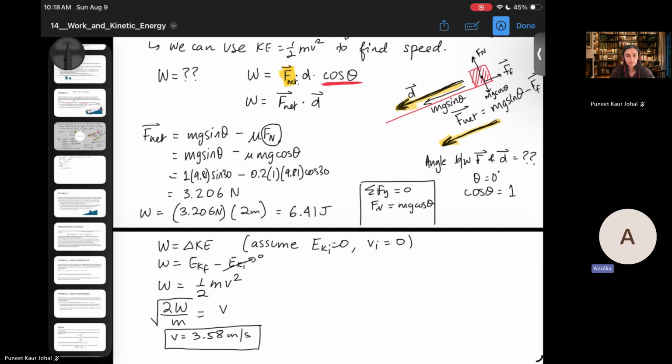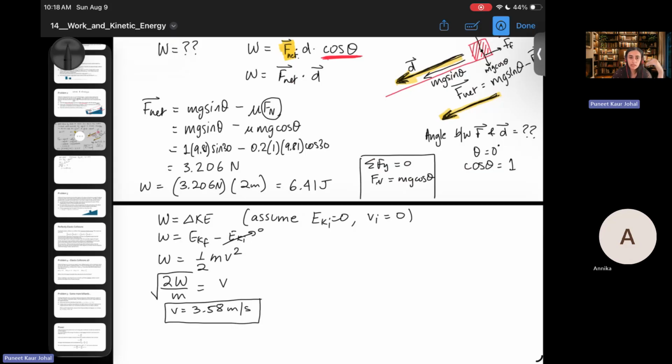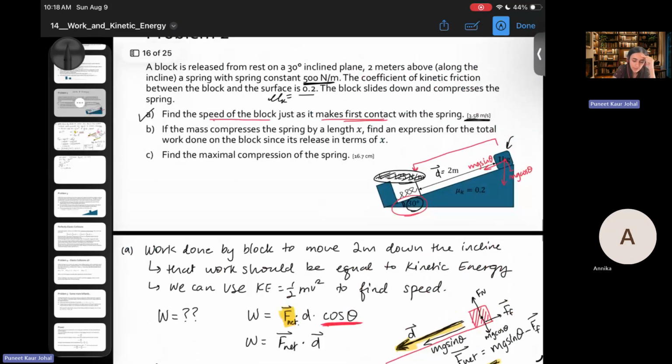So then you take the root of that. Okay, I got the same thing. Perfect. Are you okay with the steps we just did in terms of finding work and F net and then putting it equal to half mv squared? Great. Okay. So part A is done.